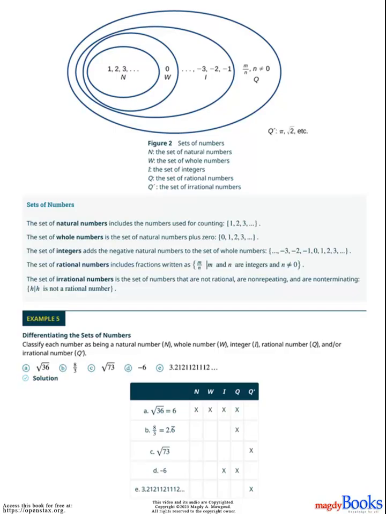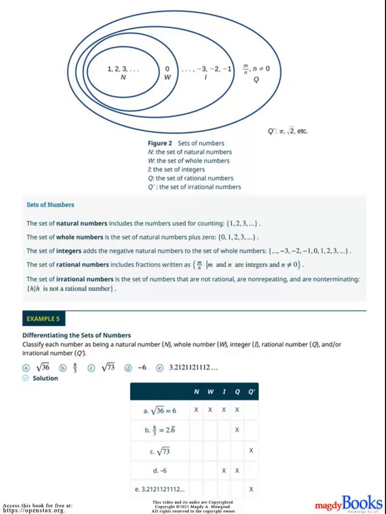The set of rational numbers includes fractions written as m over n, where m and n are integers and n is not equal to 0. The set of irrational numbers is the set of numbers that are not rational, are non-repeating, and are non-terminating. It is the set of h, where h is not a rational number.